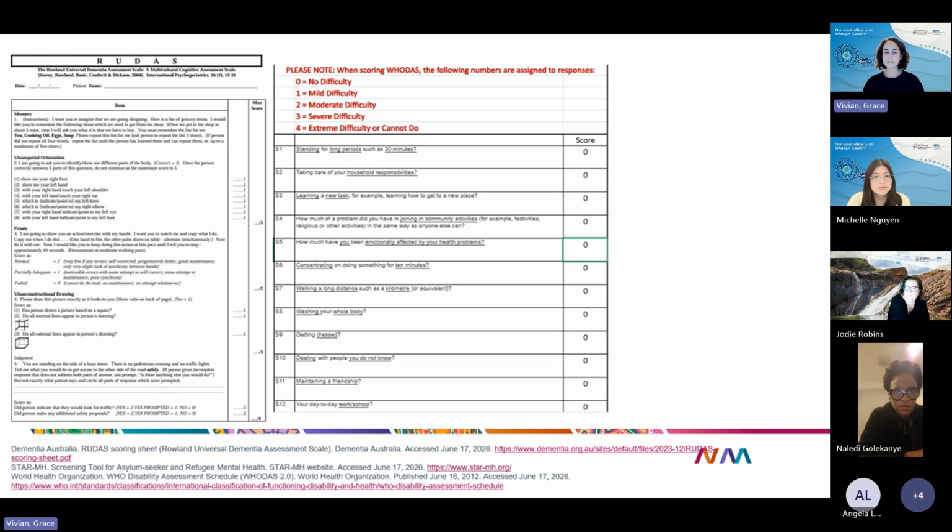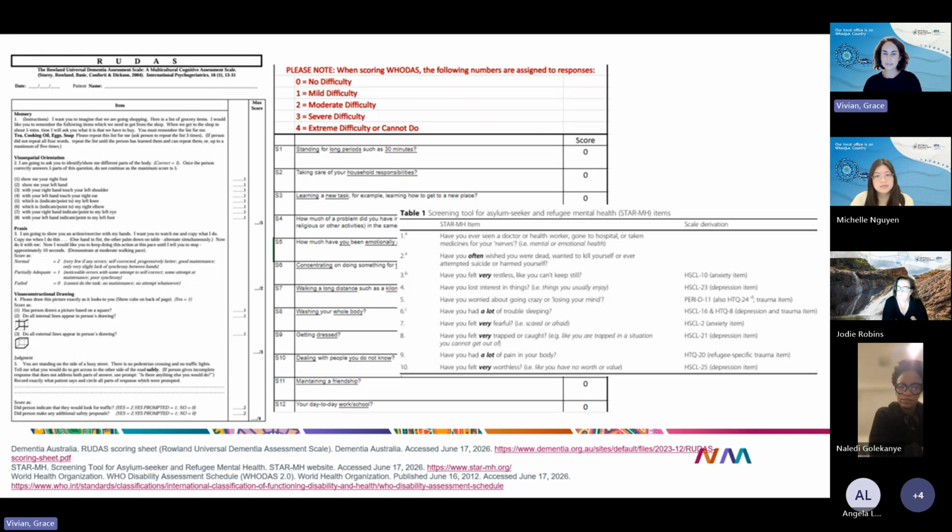This is the HUDAS, about disability and function. This is a really nice way of having a look at different aspects of a person's life and seeing where their strengths and vulnerabilities lie. So it touches on things like ADLs, functionality, sexual health, finances, how much their disability impacts on their ability to form relationships and on their family.